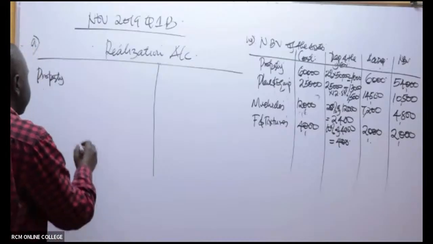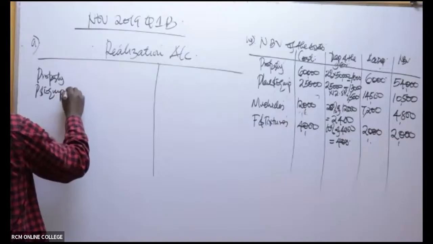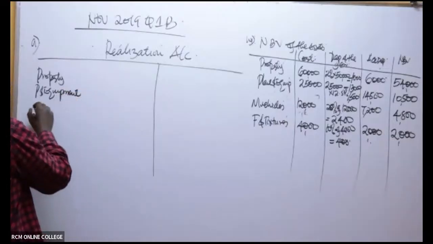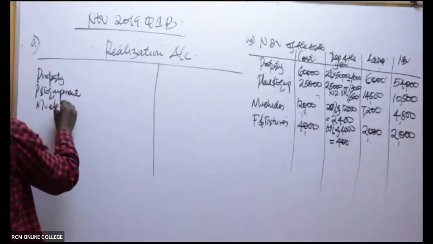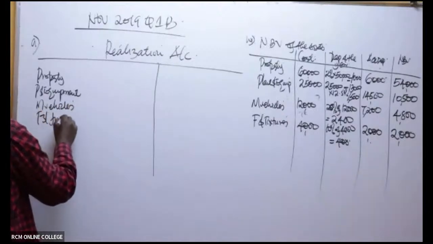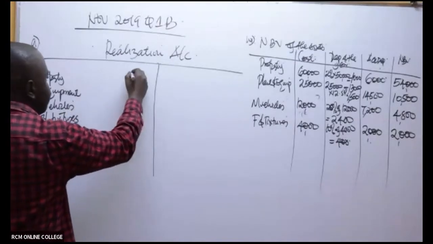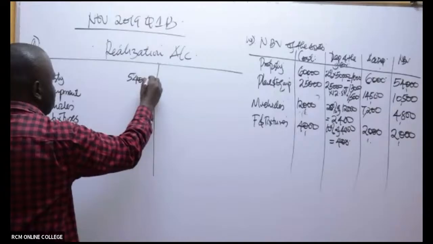Then plant and equipment. Then we have motor vehicles. Then we have furniture and fixtures.